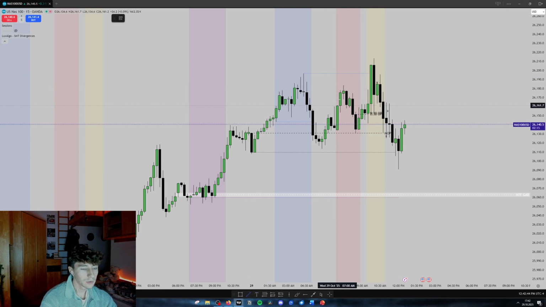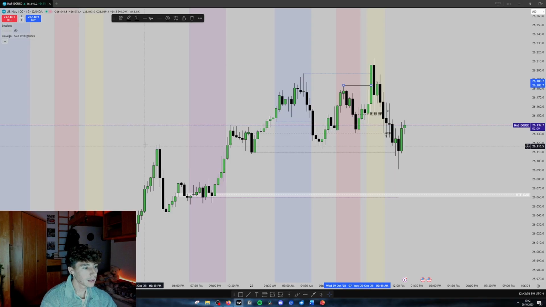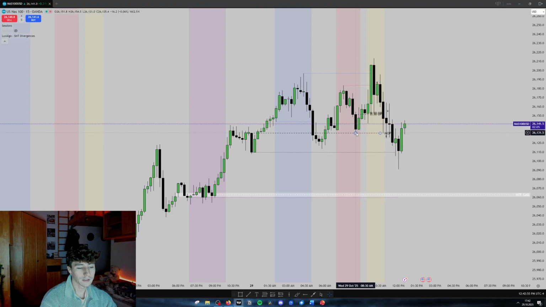We also scrapped the New York open kill zone buy side liquidity, so that's always an important liquidity pool. And also the liquidity pool right here, New York open kill zone sell side liquidity right at the midnight opening price, and as you can see right here, we have 8:30 and 9:30 relatively equal.